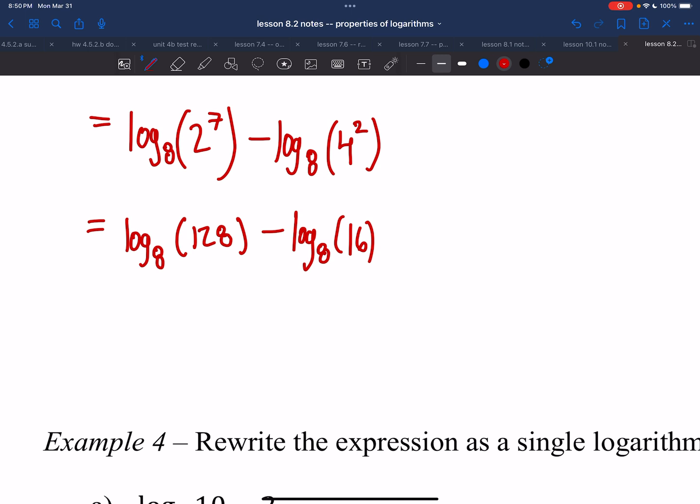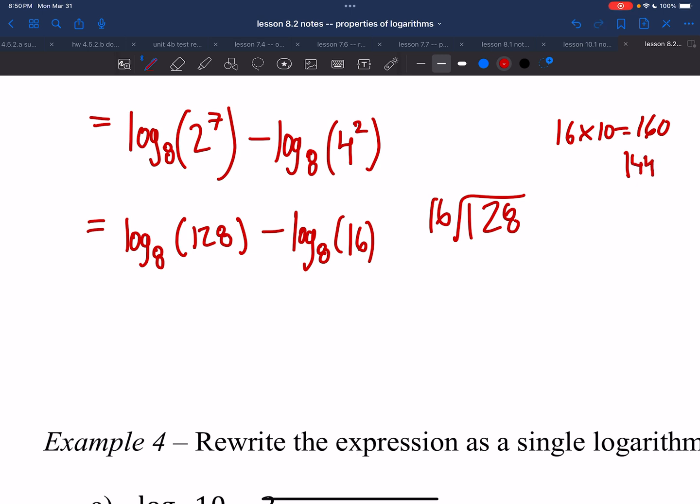And then you would just have to do 128 divided by 16. Problem here is that's, I don't know, kind of not fun. 16 times 10 is 160. 16 less than that is 144.